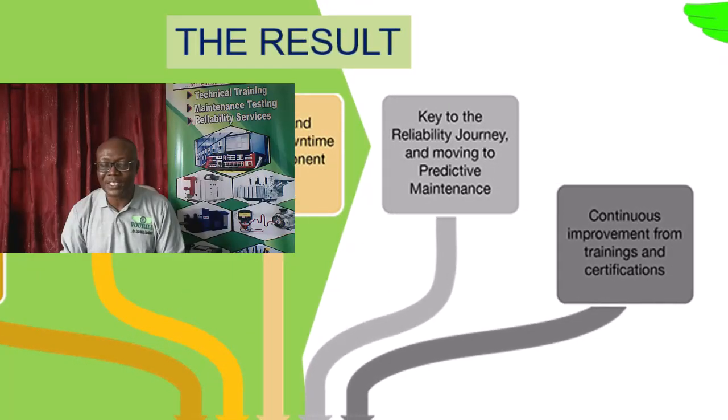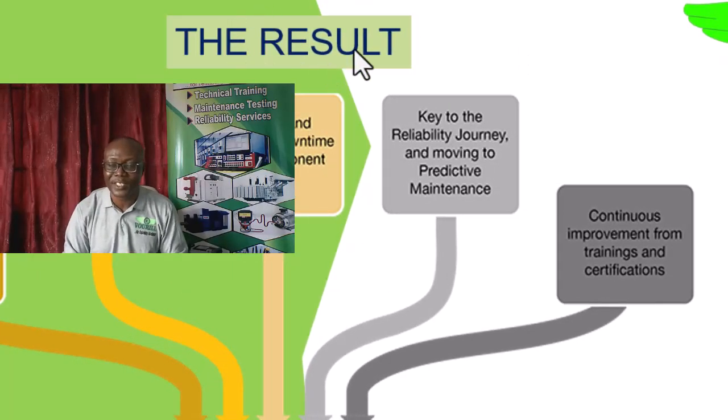So PM optimization is one of the pillars on our reliability journey. Are we getting it? And it is something that will also help us to move smoothly into predictive and precision maintenance programs.